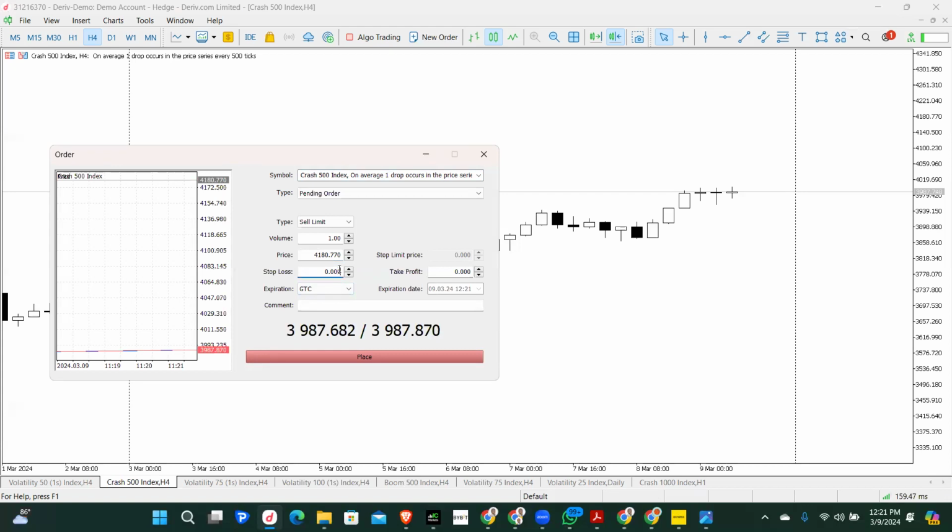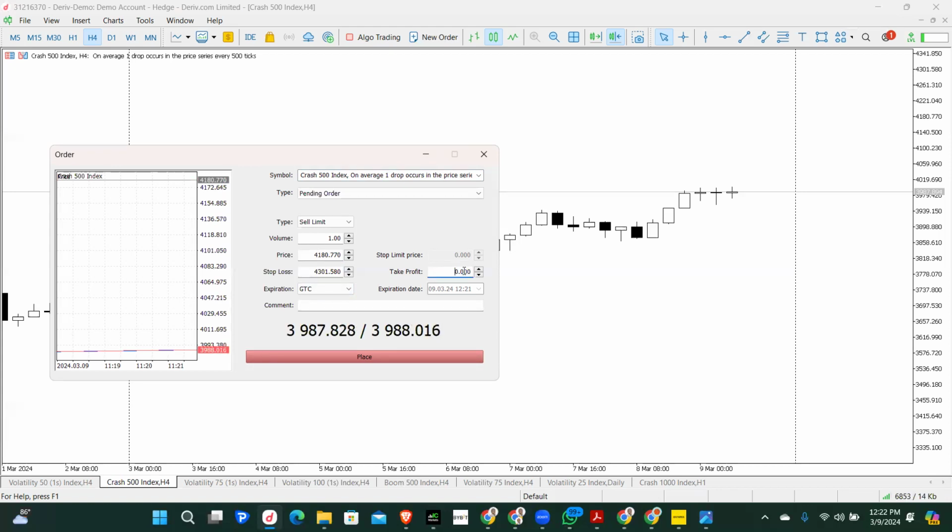So my stop loss, let's say I want to use 4301.58. Then my take profit will have to be a level below my entry.